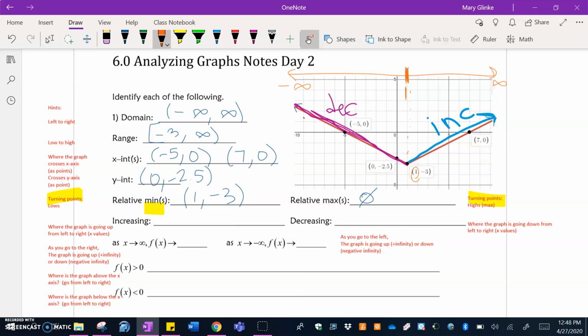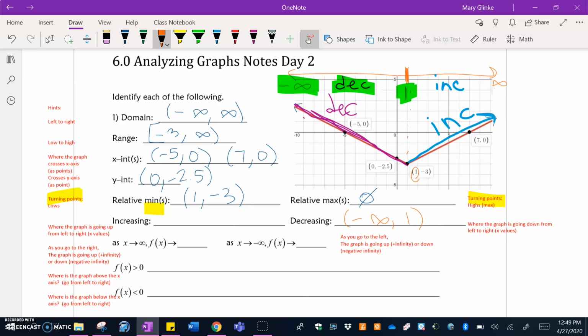So I know that I was decreasing here, and then all of a sudden I started increasing. For decreasing, it's going to start left to right, and so it starts at negative infinity. Decreasing starts at negative infinity and stops when x is 1.